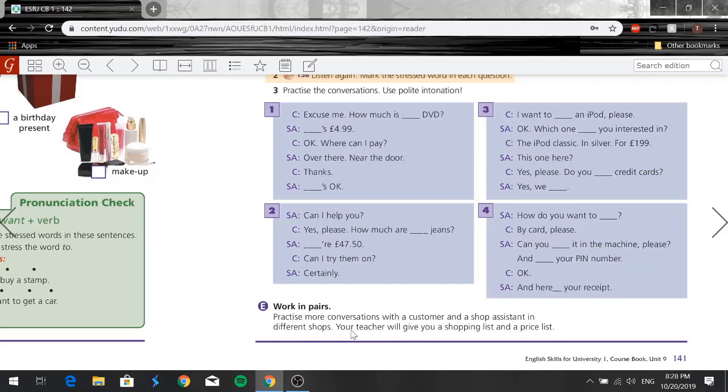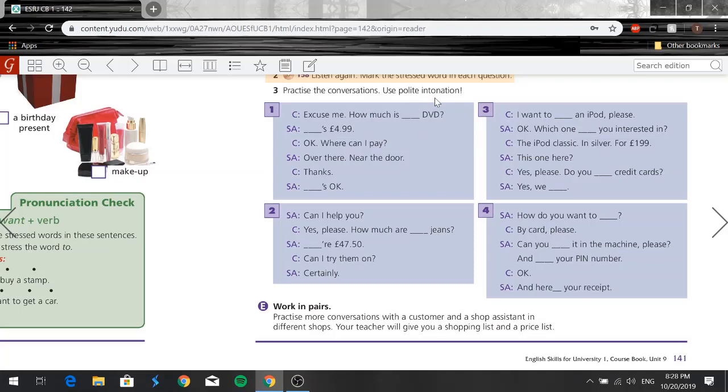Especially use that customer and shop assistant conversation that we were just talking about, right? Your teacher could give you a shopping list and a price list. If not, just go on the internet or make up stuff. But the important part here is to actually practice your conversation and talking and using the polite intonation that shop assistants use, right?